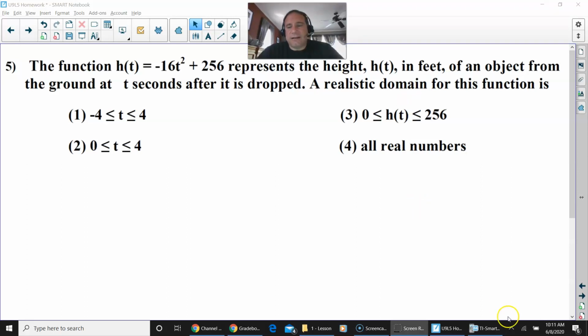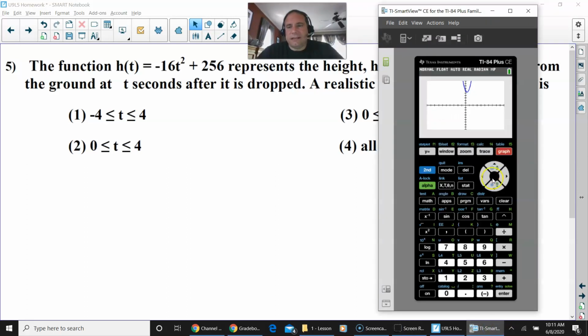So the first thing I am going to do is take the calculator. Of course, I am going to graph this equation that they give me and see what I see. So I have negative 16x squared plus 256. Go ahead, put that into the graphing calculator. I'm going to press graph.